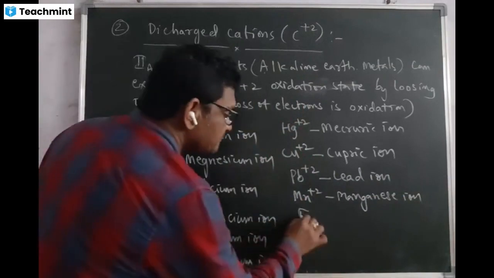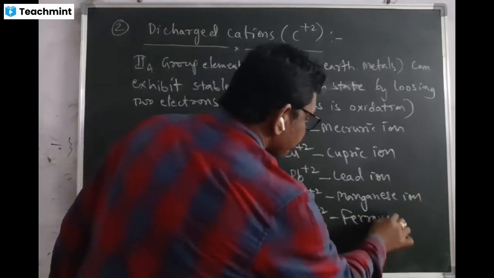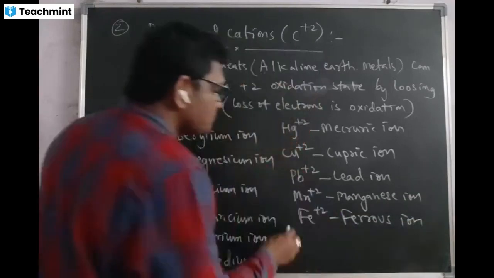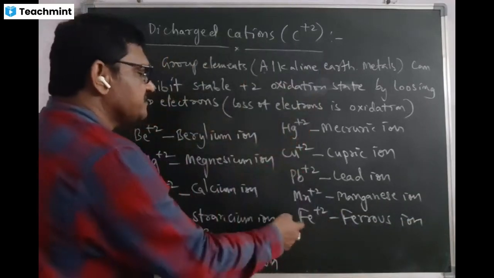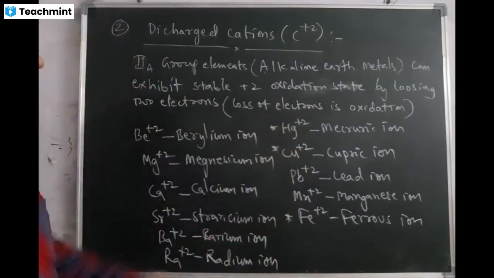Fe+2, this is ferrous ion. I put a star mark for this. Try to remember, these are very important. Star marked ions are very important.